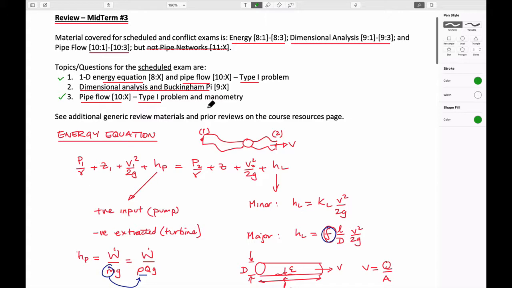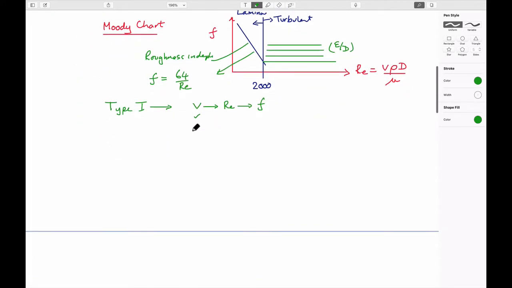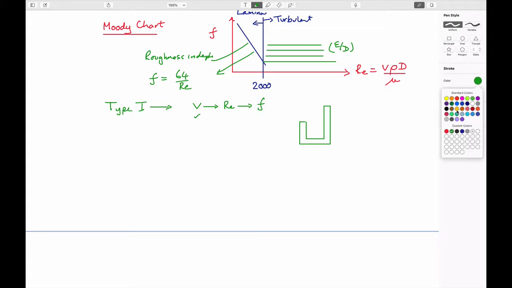I guess manometry is one of them, and I suppose it's useful to remind you of the manometry equation if you're going through a fluid. So if you have a U-tube that defines the system, and you want to go from one point to another, then you could write a streamline to do that.